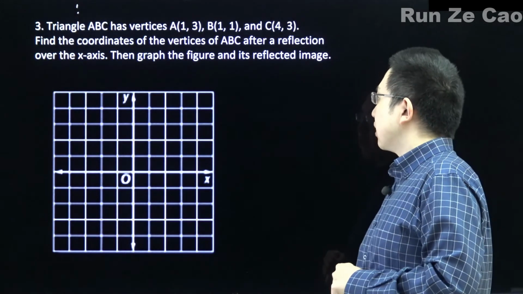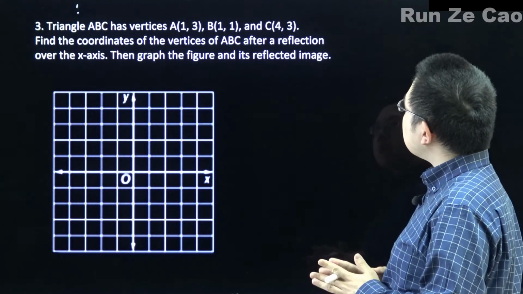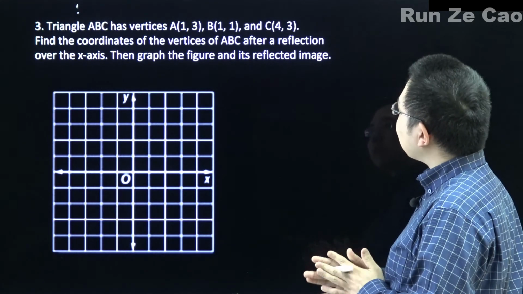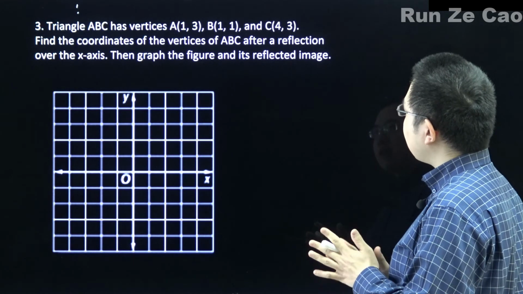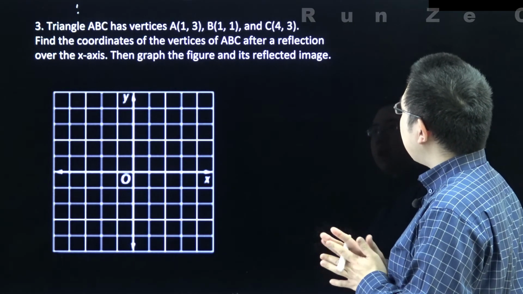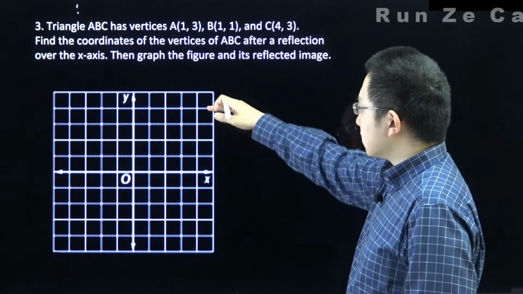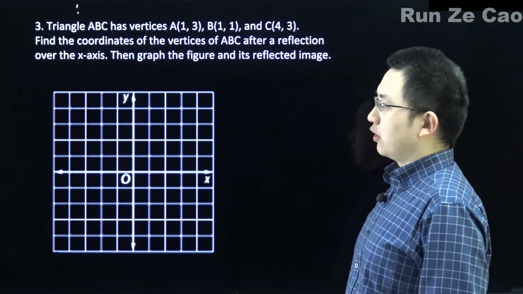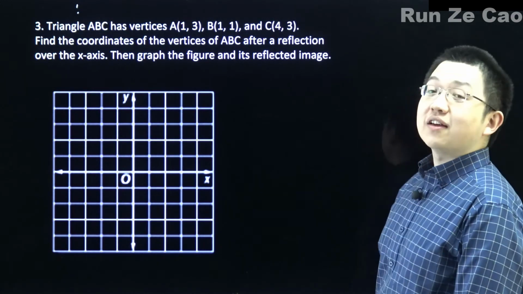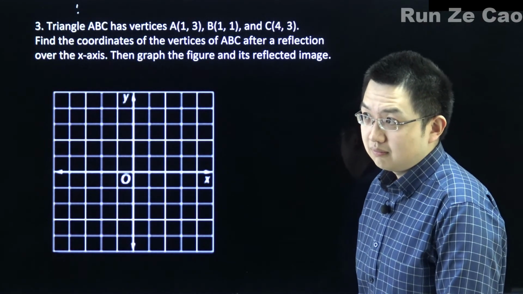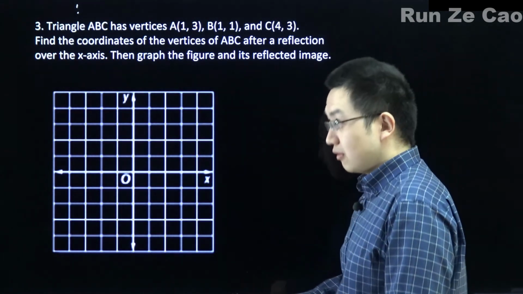So, triangle ABC has vertices A (1, 3), B (1, 1), and C (4, 3). Find the coordinates of the vertices of A'B'C' after a reflection over the x-axis. Then graph the figure and its reflected image. Reflection over the x-axis means just flipping your y-coordinates from positive to negative, or, well, just flipping the signs. Because if they were negative before, they're now positive.